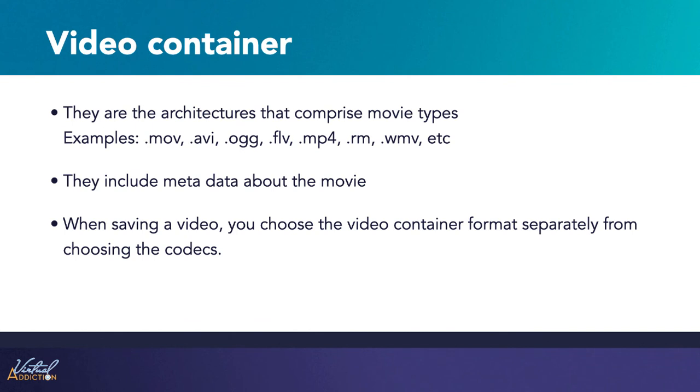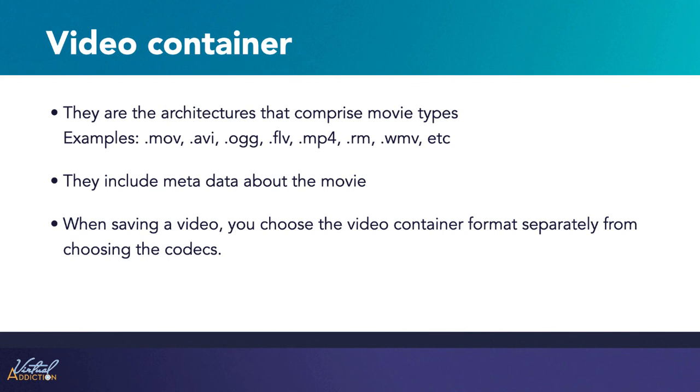Video containers are the architectures that comprise movie types. Examples are MOV, AVI, OGG, FLV, MP4, RM, WMV, etc. These also include metadata about the movie. These could be things like chapter markers.